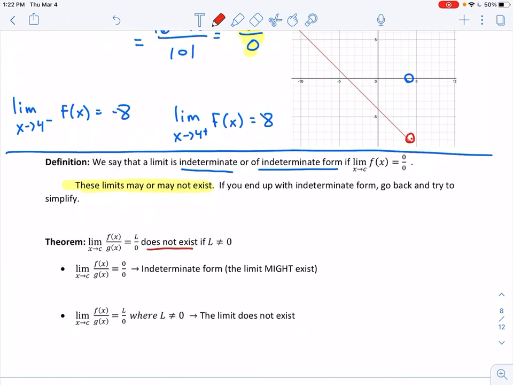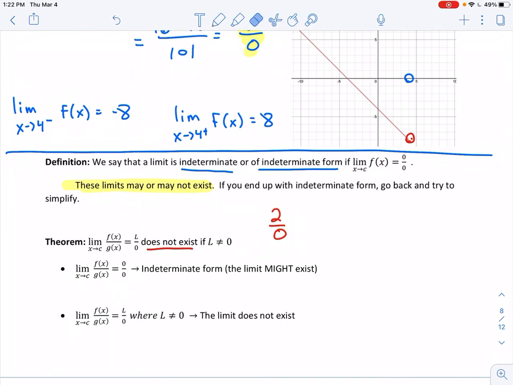So if we have, say, 2 divided by 0, that limit does not exist, or -4 divided by 0, or 1.2 divided by 0. It doesn't matter what kind of number we have in our numerator, as long as we have a non-zero number in our numerator, but we do have 0 in the denominator, that limit does not exist.